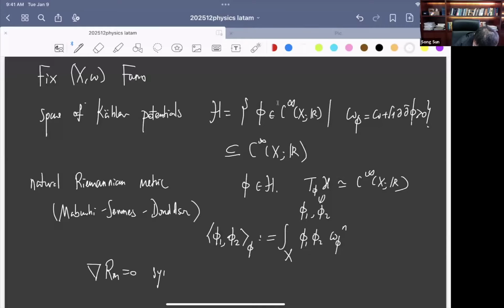It's a symmetric space. The covariant derivative of the curvature tensor is 0, and the sectional curvature is non-positive.